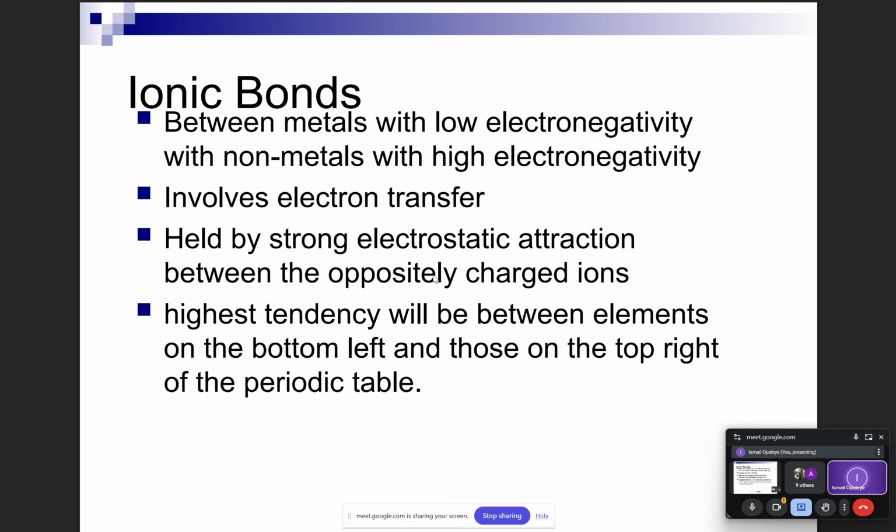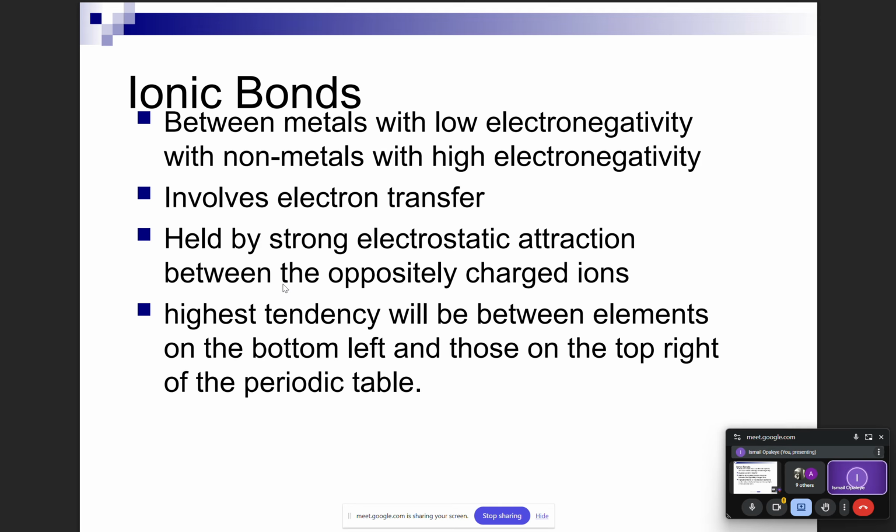So you should know that it exists between metals and non-metals. Those metals are considered to have low electronegativity, and the non-metals are those with high electronegativity. So it usually involves electron transfer, usually from the metal to the non-metal. It is held by a strong electrostatic force of attraction between oppositely charged ions.